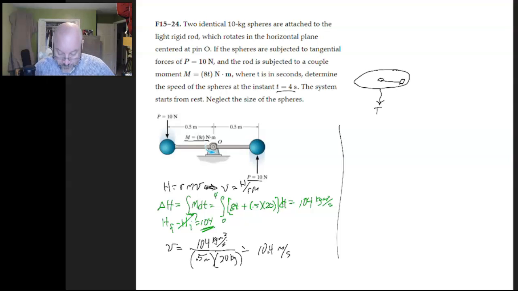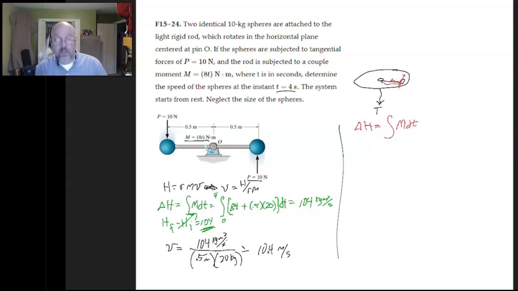Either way, the way we do this is by realizing that when it comes to our impulse, in a case like this, my velocity is here, but the force acting on it is here, and my radius is here.